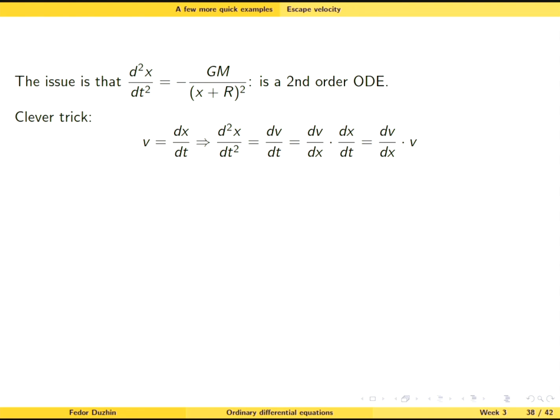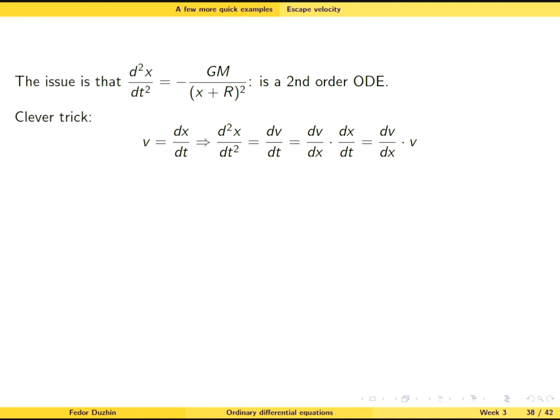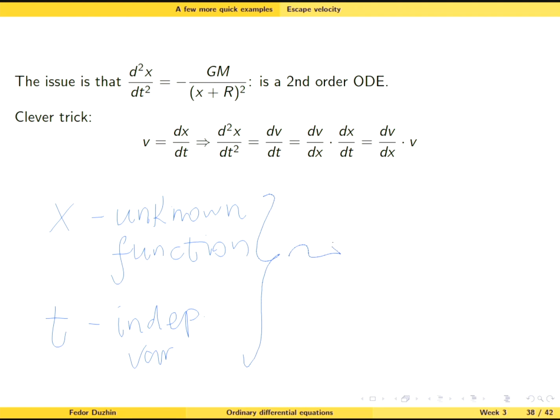So although in our second-order differential equation, x is the unknown function or the dependent variable, and t is the independent variable, what we are going to do is change it to something else.